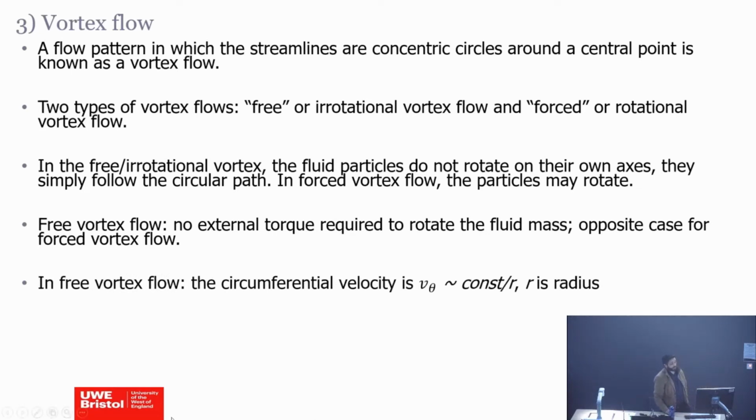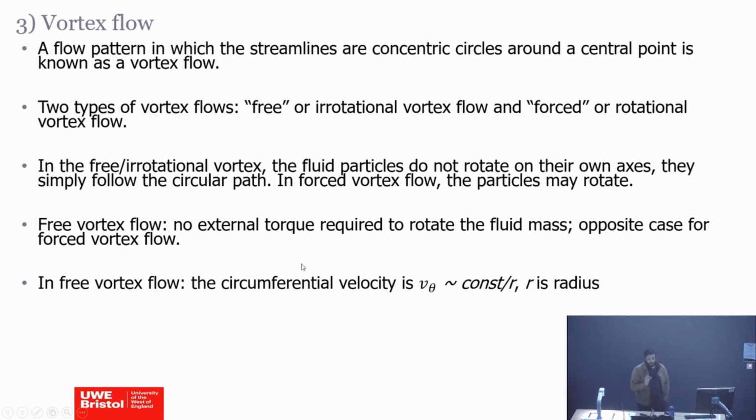Now, the other difference: remember the flow is going around in circles, not radially outwards. So in this case, we don't have any radial flow. So v_r, which we had with the sources and sinks, is actually 0. We only have flow around in a circle, the circumferential velocity v theta, which is non-zero.